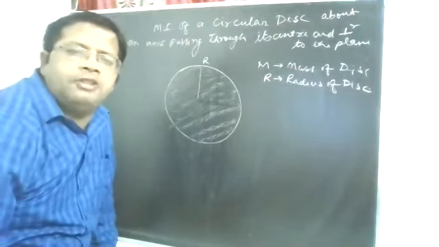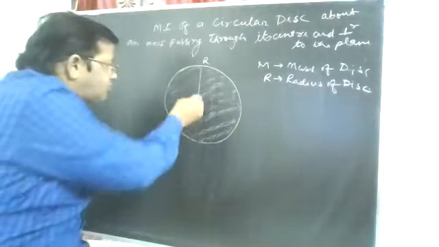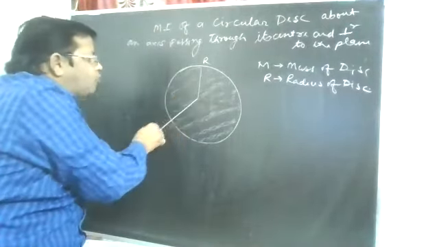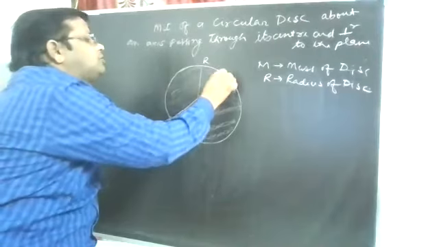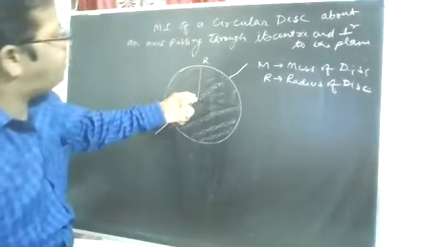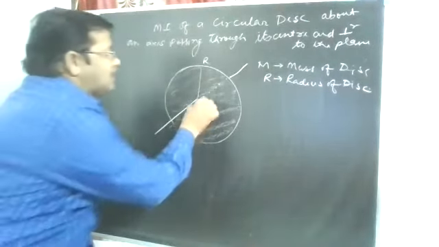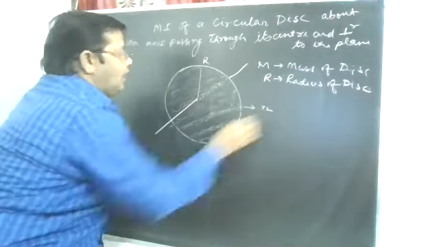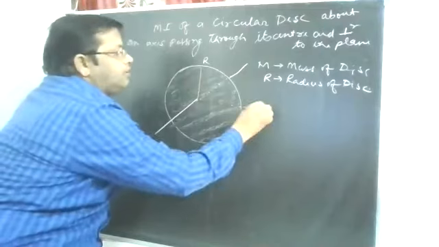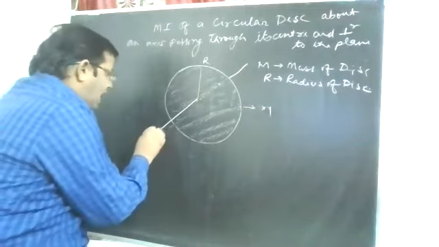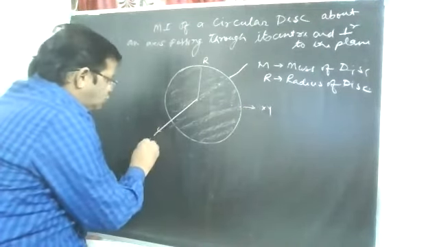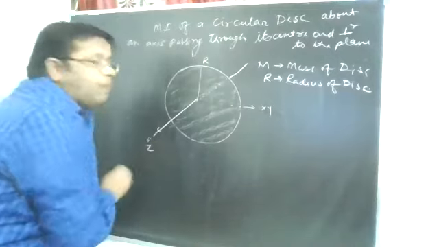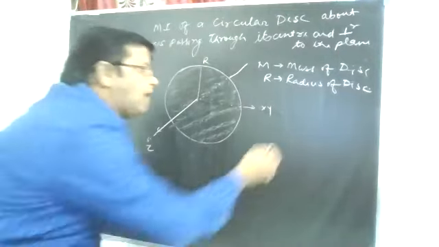Now you see here, how we will determine the moment of inertia of this disc about this axis, which is passing perpendicular to its plane. This is a 3D diagram. The axis is coming perpendicularly outward. This is the x-axis, this is the y-axis, and this is the xy plane.